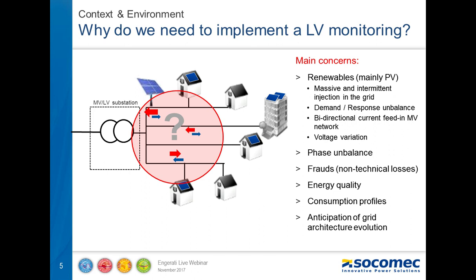Another main topic that we have seen in utilities is phase imbalance, which could create huge technical losses. Another point: implementing a low voltage monitoring system could help to detect fraud, or what we call non-technical losses.